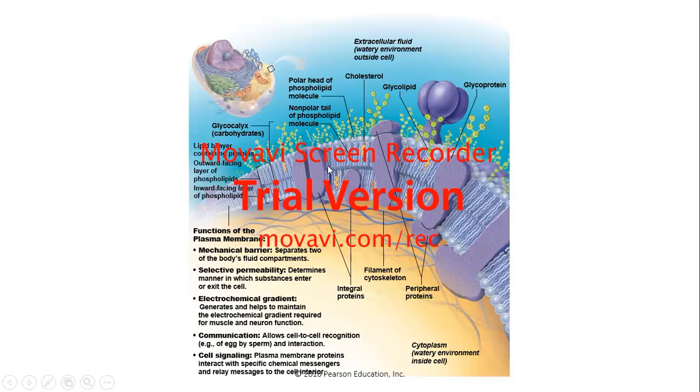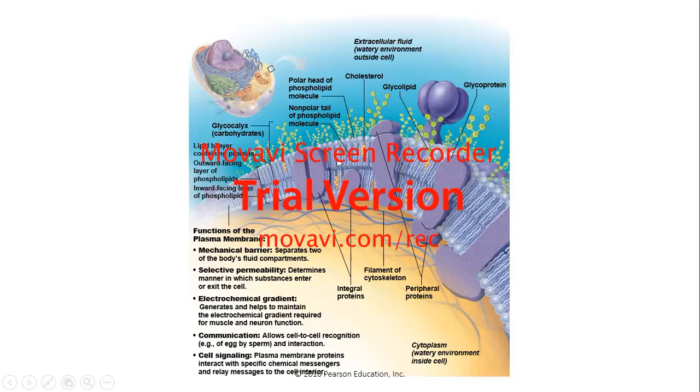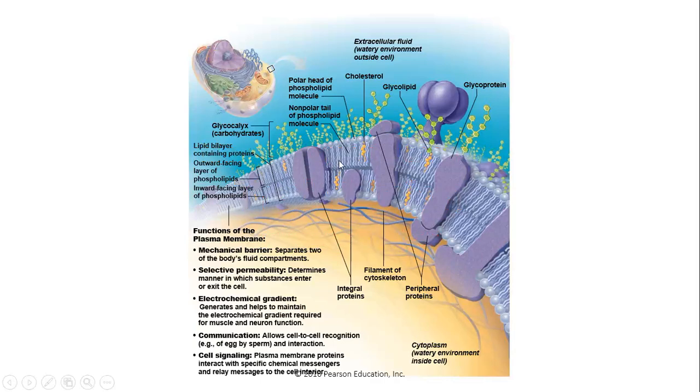Okay, so you have those lipid tails that point to the middle of the lipid bilayer, and those lipid tails keep anything that's charged from passing through, because they repel anything that's charged. It's also not going to let any water go through. It's going to repel water also.